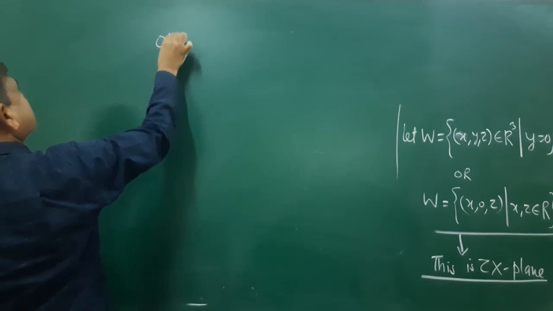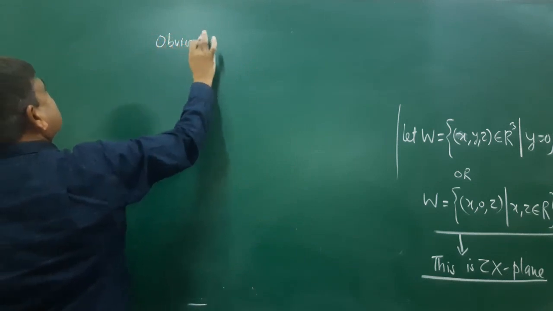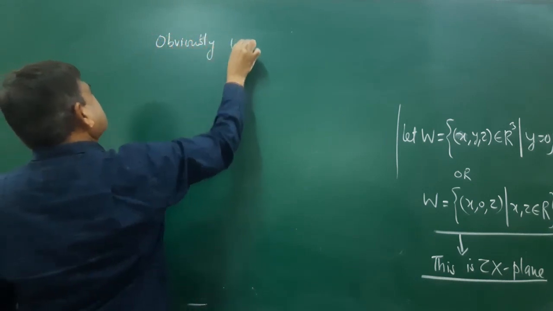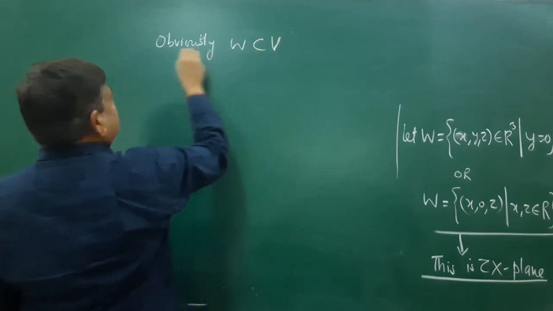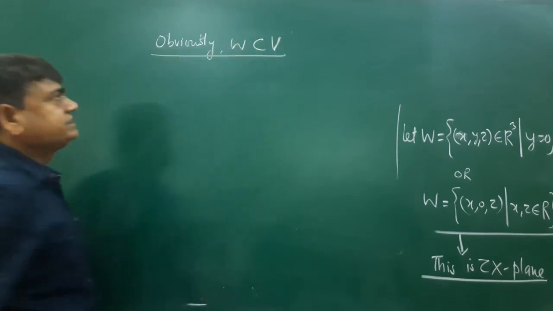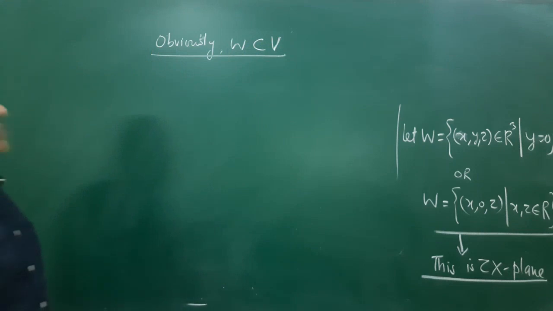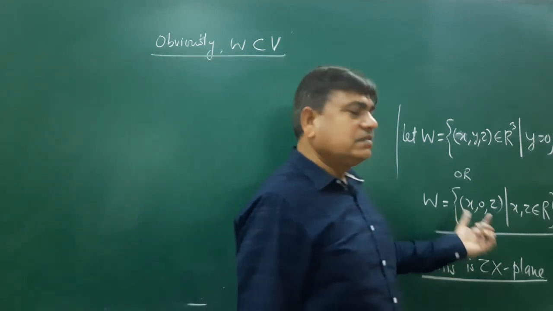Obviously this is a subset of V. Now we prove that this is a vector space.